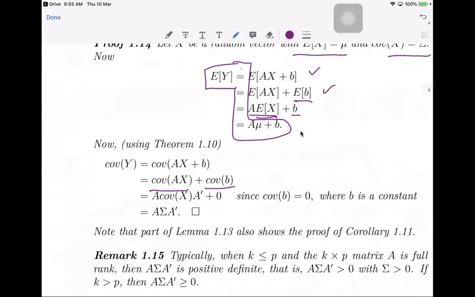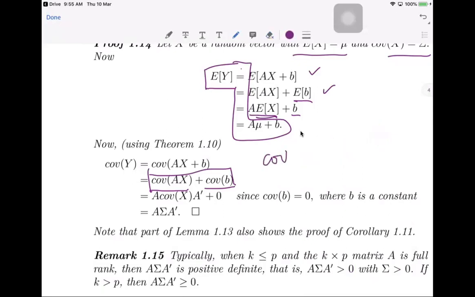You can do this linearity because B is just a constant, but that is not true whenever you have two random variables. This is not equal when dealing with two random variables.